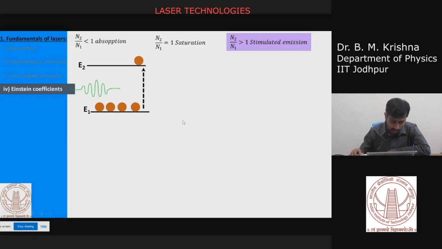In this case, this condition is satisfied because mostly your ground state is populated. So when light is incident on and interacts with the electrons or atoms, the only possible case is absorption. Okay, so that is at thermal equilibrium.